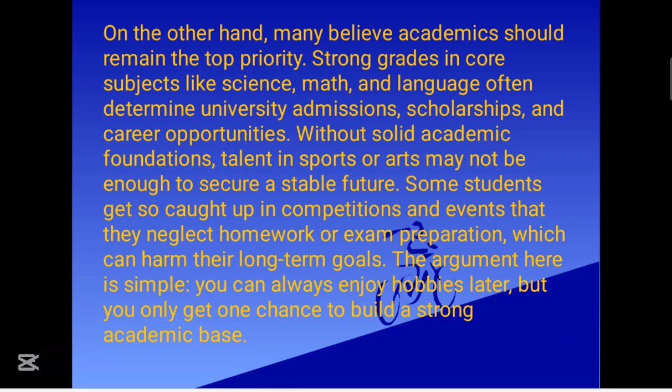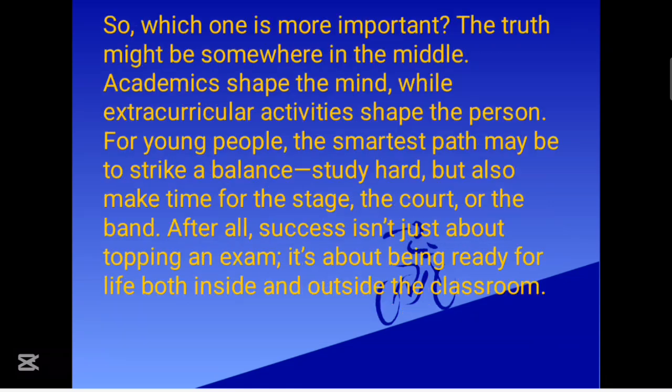Some students get so caught up in competitions and events that they neglect homework or exam preparation, which can harm their long term goals. The argument here is simple: you can always enjoy hobbies later, but you only get one chance to build a strong academic base. This is in favor of the second one. First one was in favor of extracurricular, this is in favor of academics.